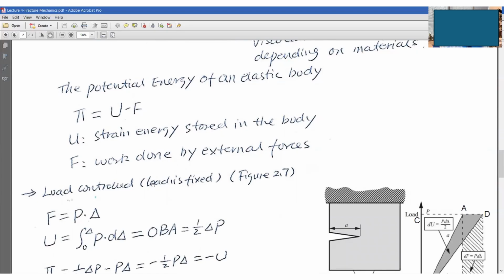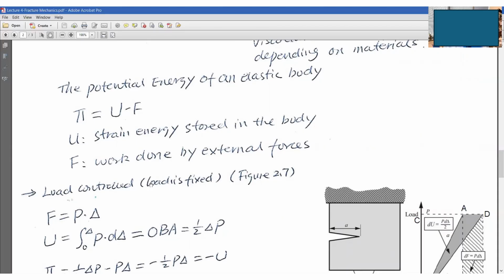Then I'm going to introduce two different loading styles: one is load controlled loading, and the other is displacement controlled loading. I want you to know these two loading approaches and why they are very important.